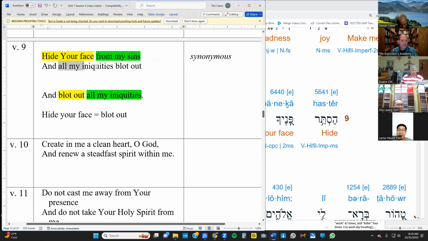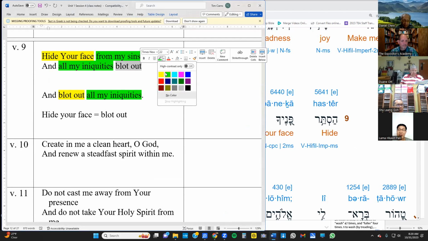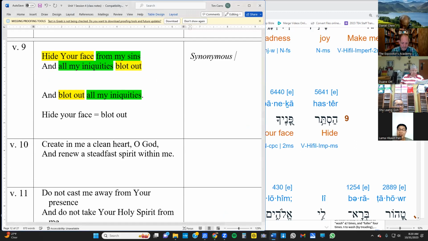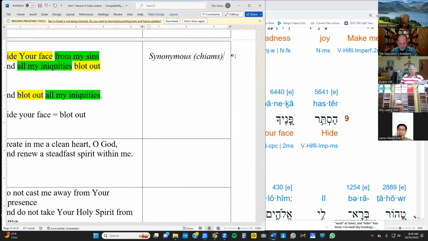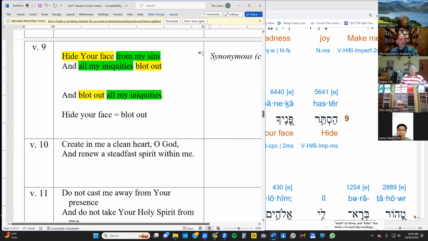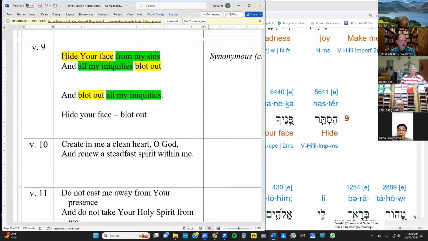Okay. And the writer puts emphasis. He has an emphasis, right? Yeah. So where's the focus here? Again, my sins and iniquities. Yes. Yeah. And he's done this before. So from this pattern, I think we're getting a little bit of focus here.